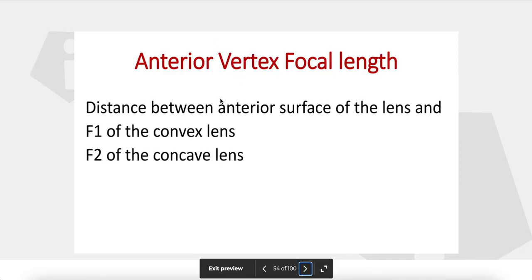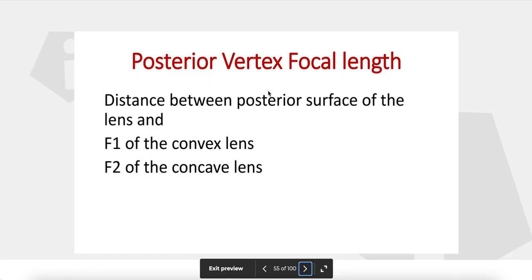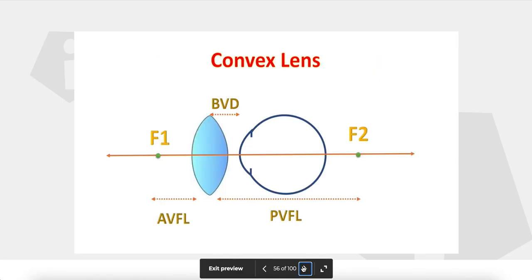Anterior vertex focal length is the distance between the anterior surface of the lens and the f1 of the convex lens, or f2 of the concave lens, while the posterior vertex focal length is the distance between the posterior surface of the lens and f2 of the convex lens, or f1 of the concave lens.